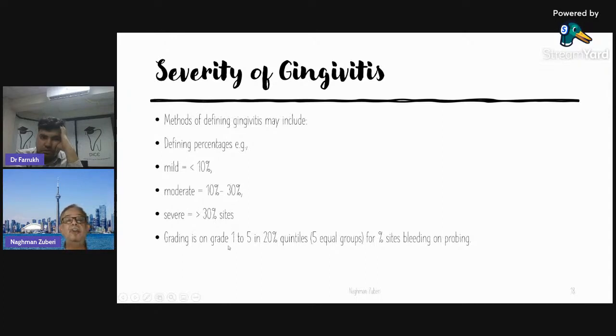Grading is on grade 1 to 5 in quintiles, meaning 5 equal groups, adding up to 100%: 20%, 40%, 60%, 80%, and 100%.